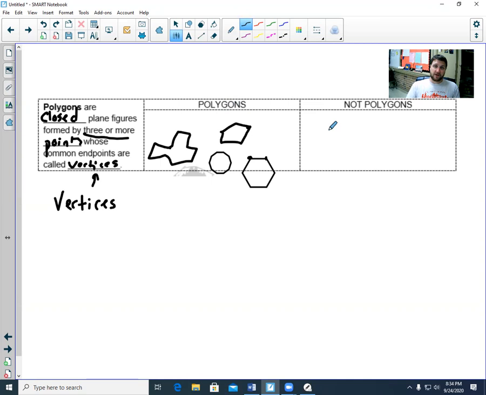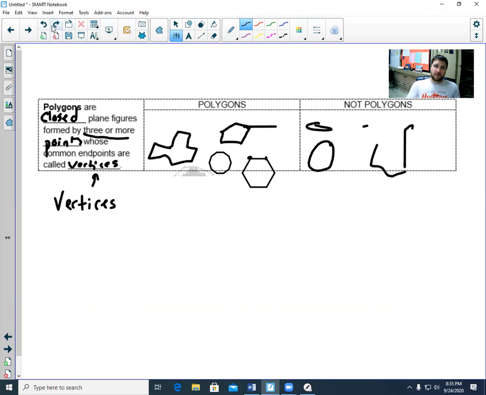So if I want to draw a picture of something that's not a polygon, oh, my board just stopped working. Hopefully it works. There we go. This thing is a circle. A circle is not a polygon. This thing right here is not a polygon. My pen is not working at all here, so I apologize.